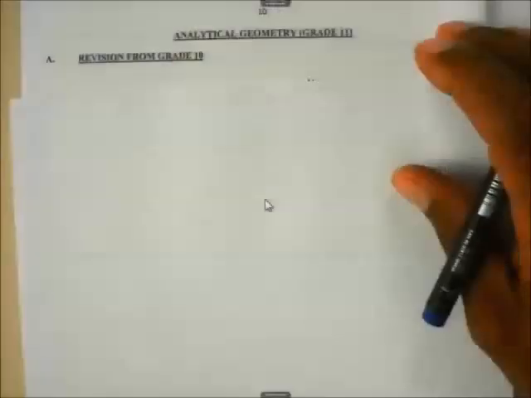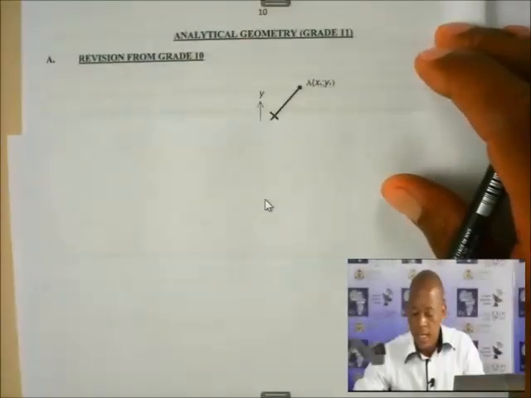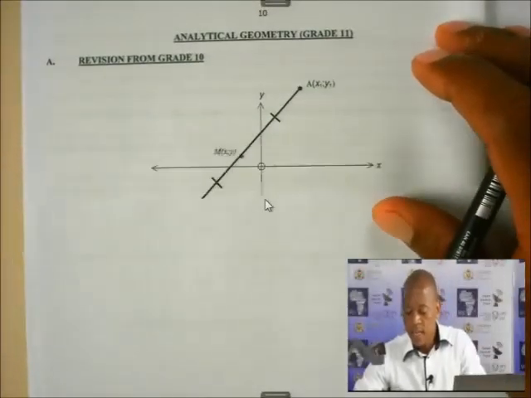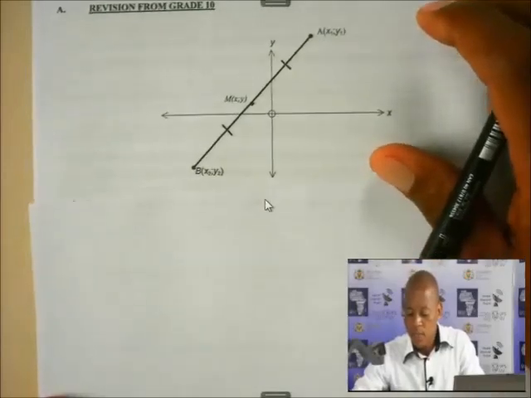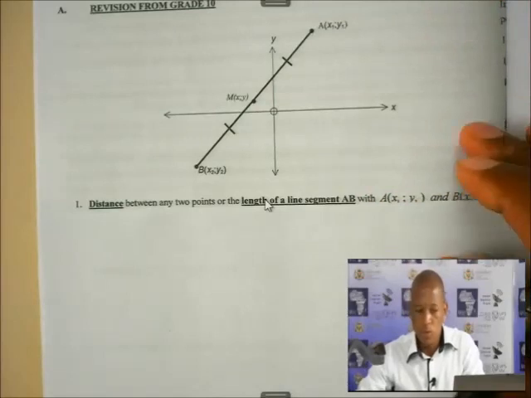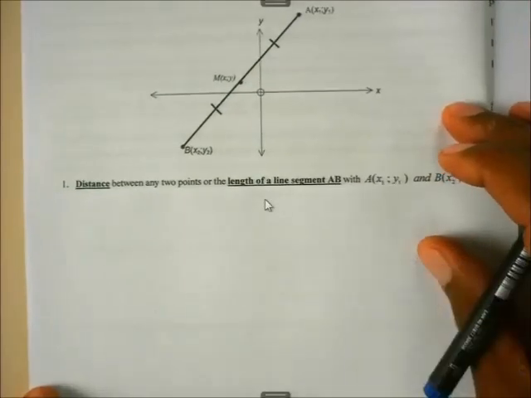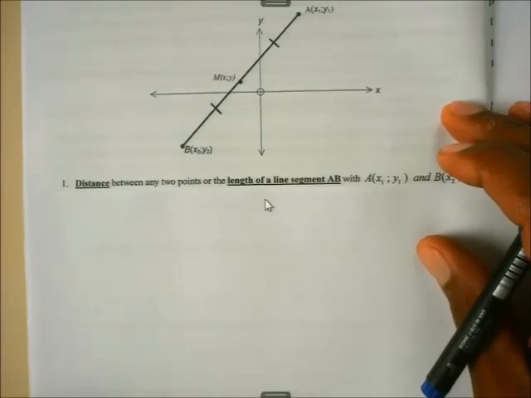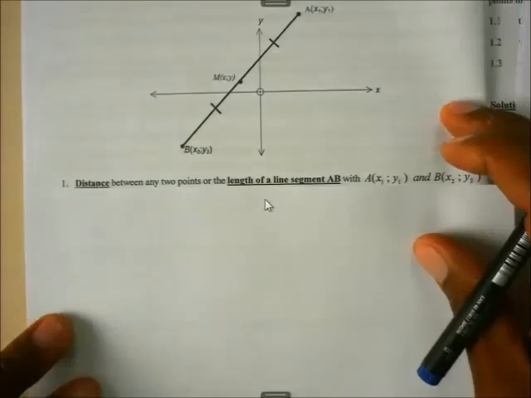When you look at this one now, we have the revision from grade 10 as well as grade 11. Most of the time here, we will be having the distance between the 2 points. You remember the formula that you use when you determine the distance between any 2 points, or the length of the line segment AB.